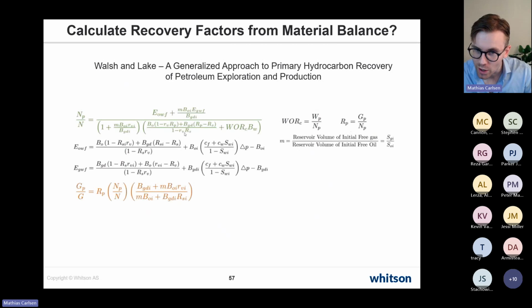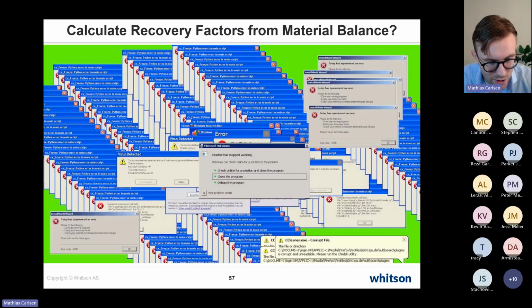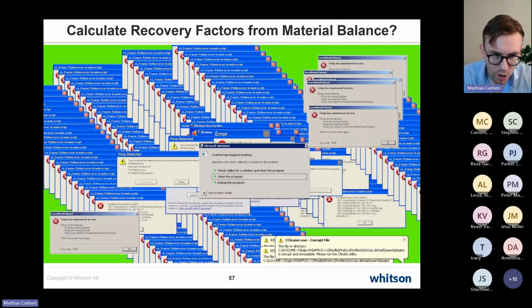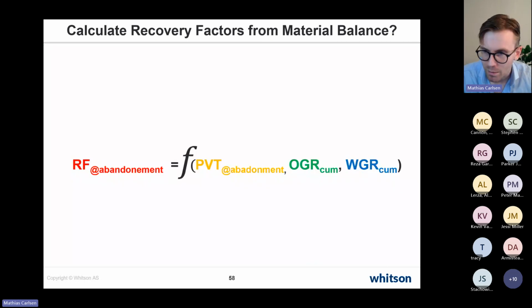And I know what's going on in everybody's head right now: it's a lot of stuff on the screen. But if we simplify all these equations, what does it actually tell us? It just tells us that the recovery factor at some abandonment pressure is a function of the PVT at the abandonment pressure, and how much of the relative ratios we've been able to get out at that abandonment pressure.